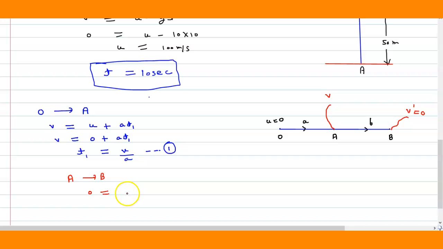So initial speed V minus retardation B into time T2 equals 0. It means that T2 is equal to V upon B. This is equation number 2.